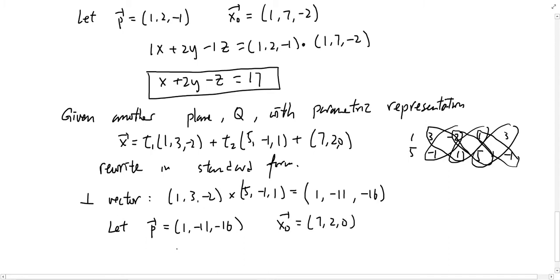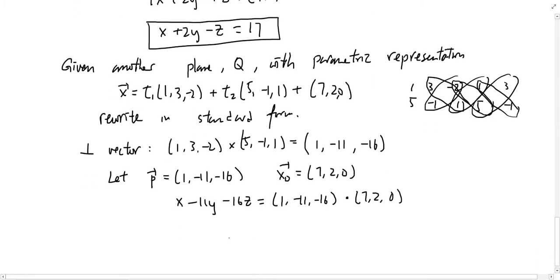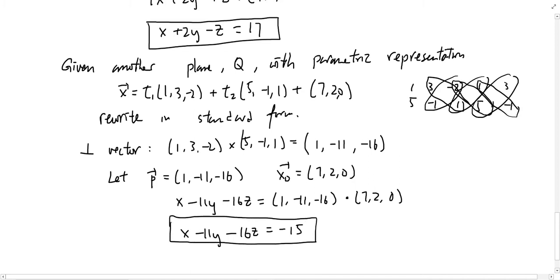So now I can just say x minus 11y minus 16z equal to (1, negative 11, negative 16) dot product (7, 2, 0). So if I do my math correctly, that will be x minus 11y minus 16z equal to, looks like 7 minus 22, so negative 15. And that would be this plane right here.